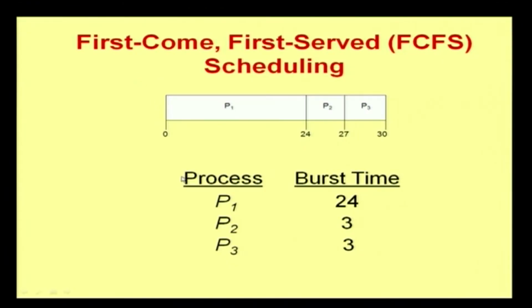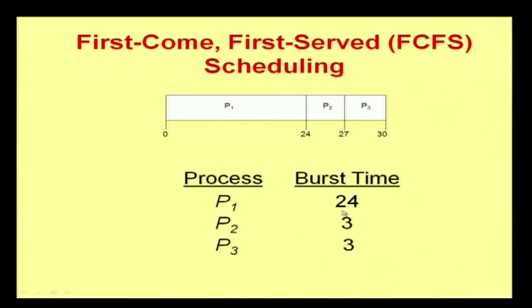Similarly, let us relate this example with the operating system CPU scheduling concept. Let us have a look at a small problem. Let us consider there are three different processes: P1, P2 and P3. The burst time is 24 for P1, 3 for P2, and 3 for P3.